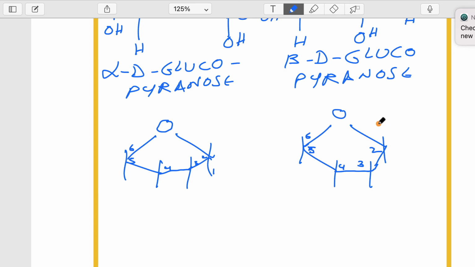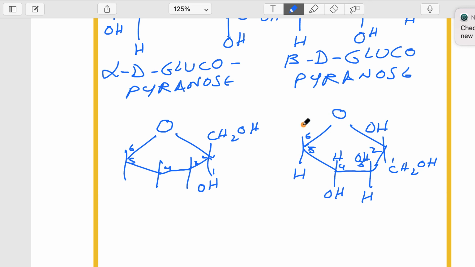Here it is CH2OH. Then here it is the first carbon. Then CH2OH, here H, here H, sorry, OH. Here OH, then here it is H, OH.